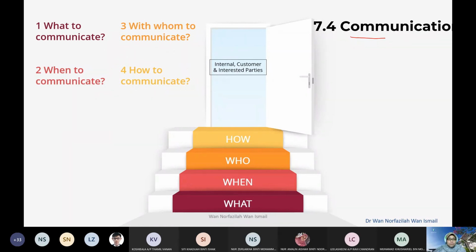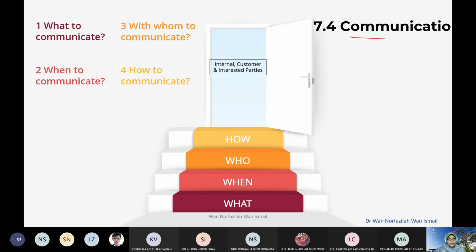What to communicate? Okay, what to communicate? If we are talking about awareness just now, we are talking about you need to communicate with the interested parties and internal parties about the awareness. Okay, awareness about quality objective. Communicate with your team members: what is the objective that we want to achieve for our laboratory?